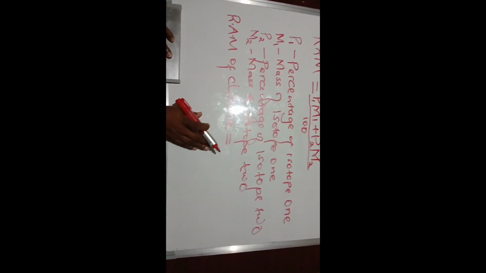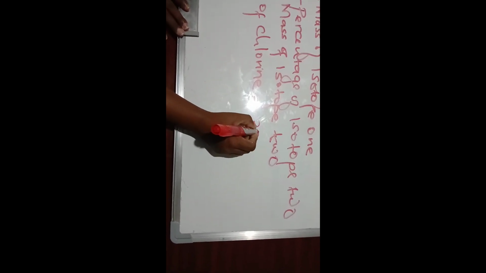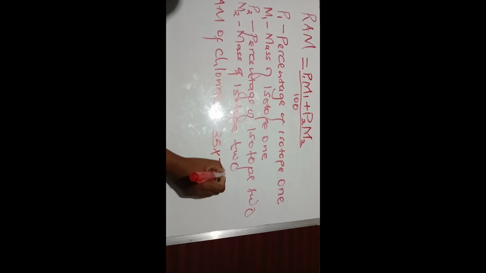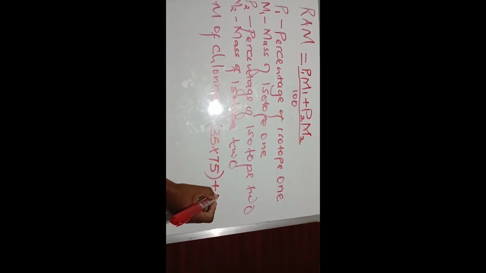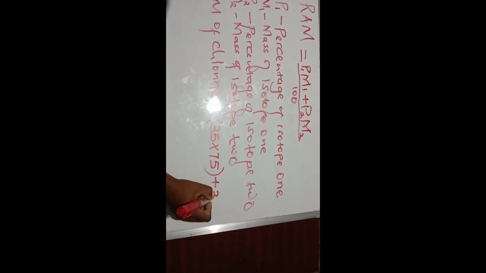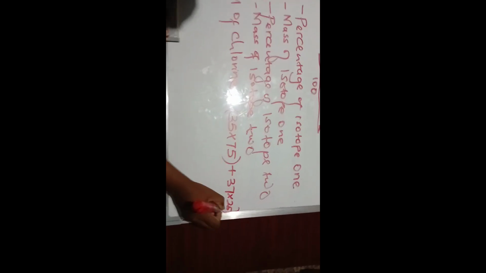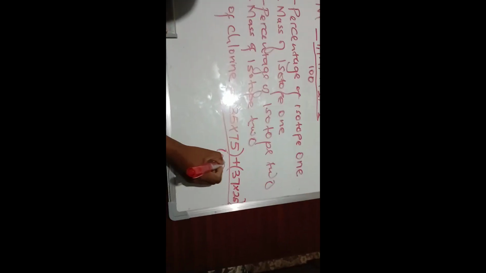So the RAM of chlorine will be equal to 35, the mass, times 75 in brackets, plus the mass of chlorine-37 times its relative abundance of 25 in brackets, all this over 100.